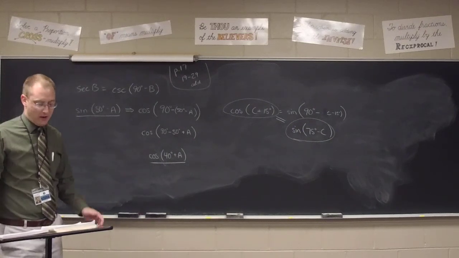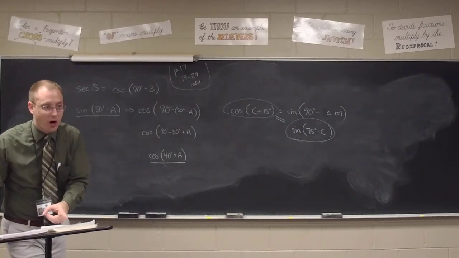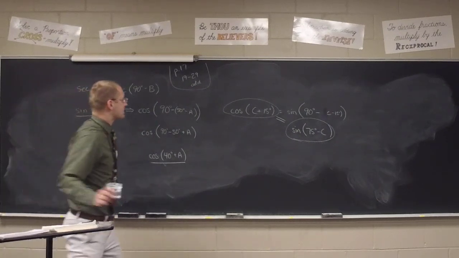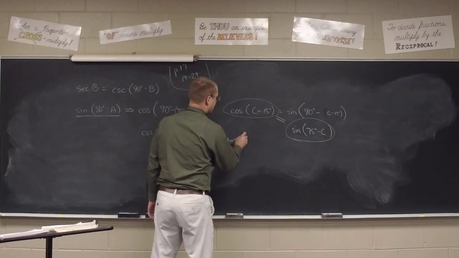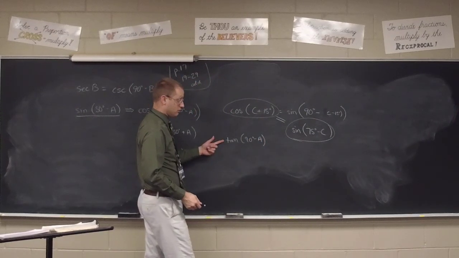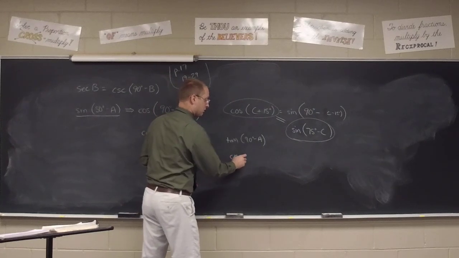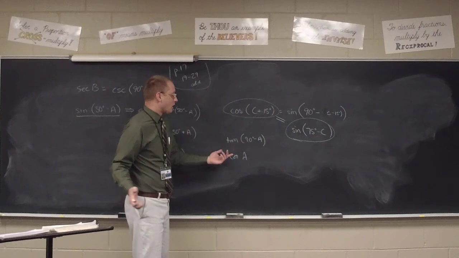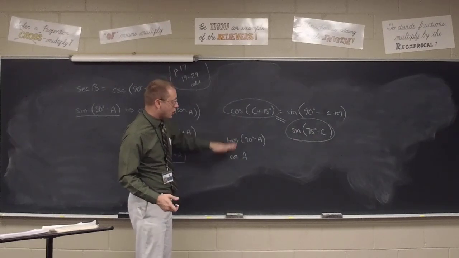So if we have a complementary angle, I could also have a complementary function. So what's another way I can rewrite tangent of 90 minus A? Whatever the complement is being, the cotangent of A. Tangent of 90 minus A and cotangent of A are the same thing.